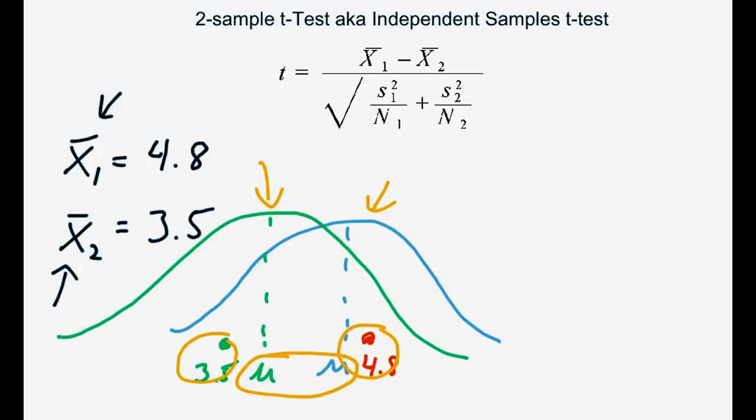Instead, we're going to assume that it's somewhere near there, based on that concept of the standard error of the difference. But there is a way that we can estimate the actual difference, the real difference between mu1 and mu2, rather than just looking at the difference between sample 1 and sample 2. And this is where the concept of confidence intervals comes in.